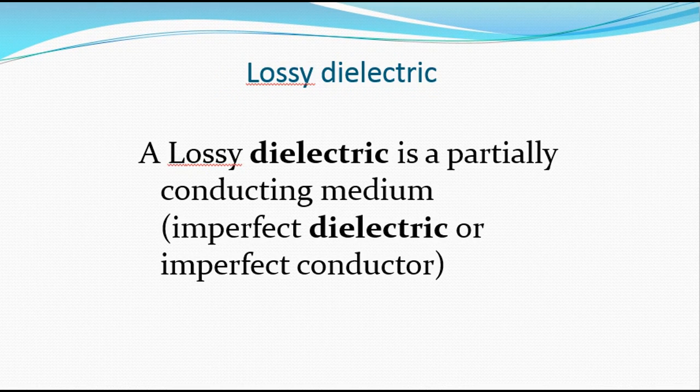So here is another area, lossy dielectric. The point to understand is that a lossy dielectric is a partial conducting medium. It is either an imperfect dielectric or an imperfect conductor.